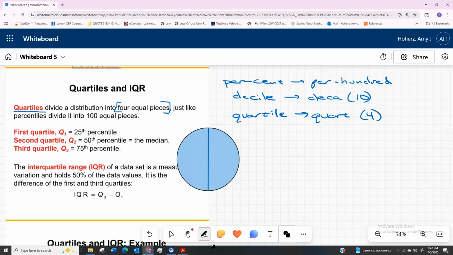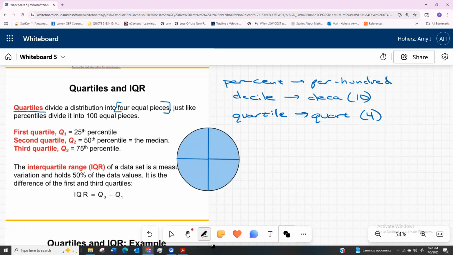But if you then wanted to split the pizza into 4 pieces, then you split each half in half. So if I split this half in half and this half in half, now I have 4 pieces. This is kind of a circular version of what quartiles do.